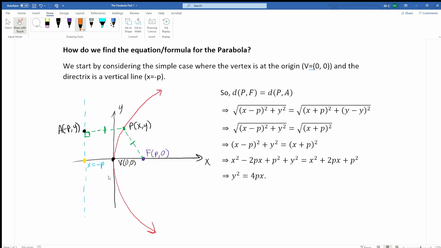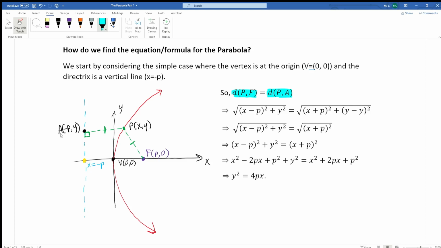Now, what we know is that the distance between P and F, and P and the point on the directrix that's perpendicular to P, those distances are going to be equal.